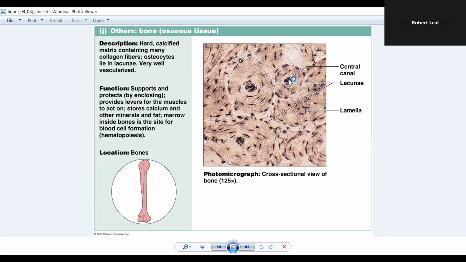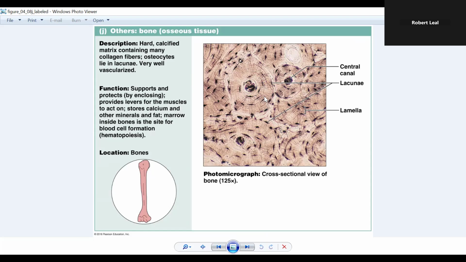Surrounding each of these central canals, what look like smaller little dark regions, that's where you find the bone cell trapped within the bone. So the bone cells are called osteocytes. And again, when they get trapped within the bone, just like in cartilage, that space is called a lacuna.